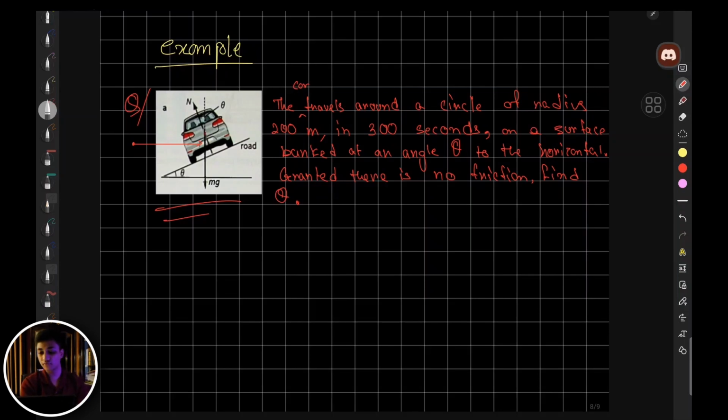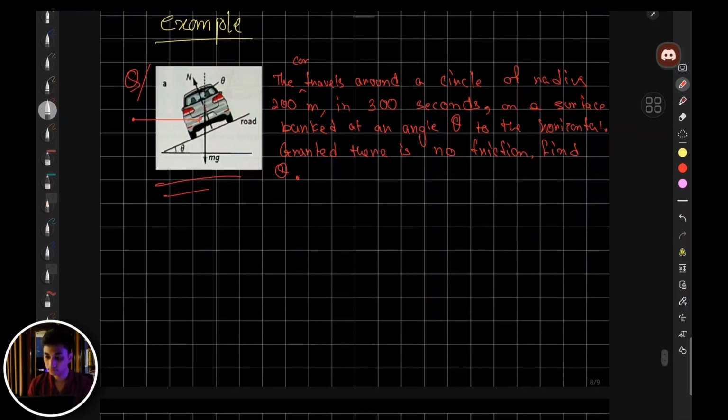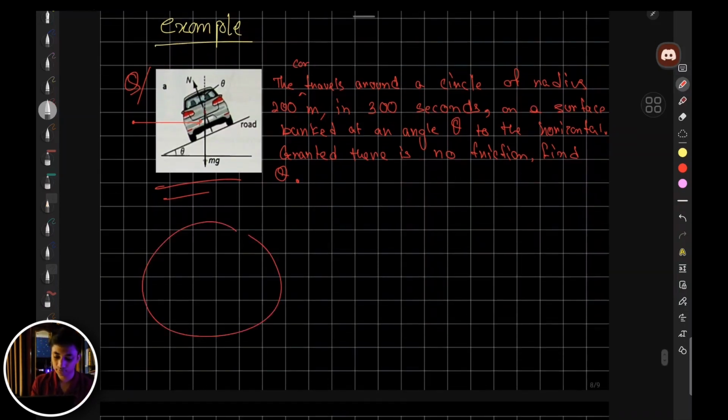Granted, there is no friction, find theta. So the car is traveling around a circle of radius 200 meters. And how long is it taking?